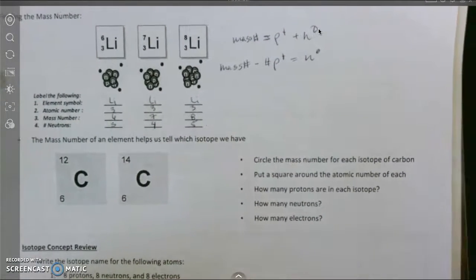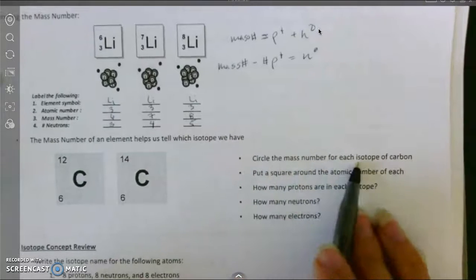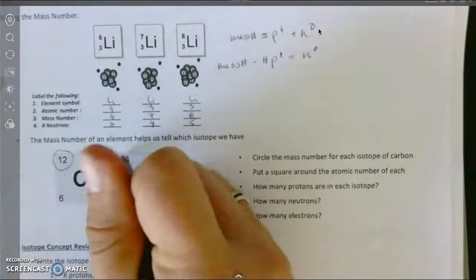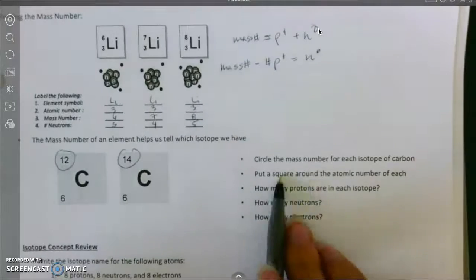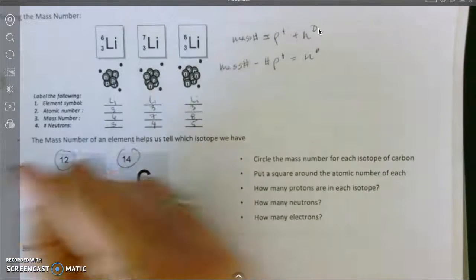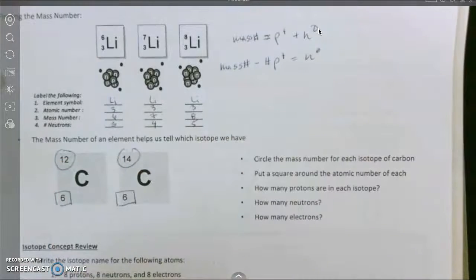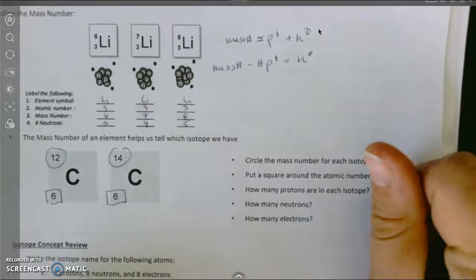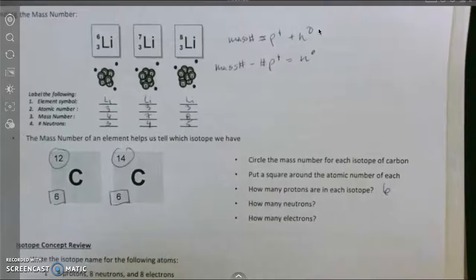Okay, so we're going to circle the mass number of each of the isotopes of carbon. So circle those. We're going to put a square around the atomic number. How many protons are there in each isotope? Well, there's 6 because that's the atomic number for both.